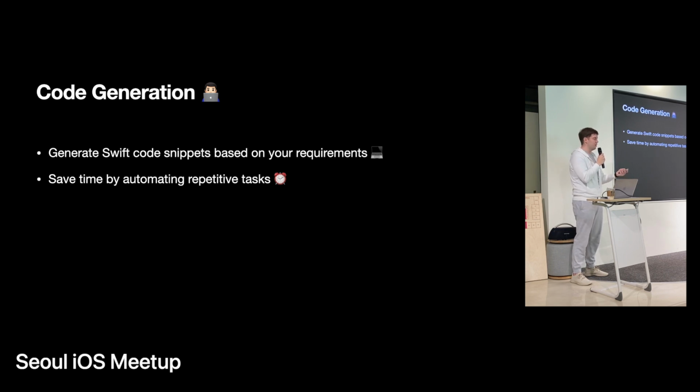It saves you time for repetitive tasks. Let's say you have a JSON response from a server, and you have to create the model in code to parse it.